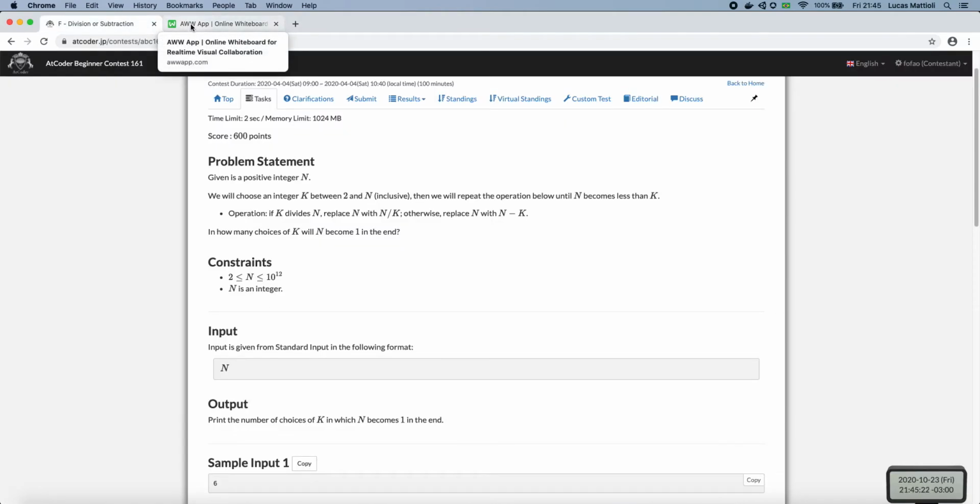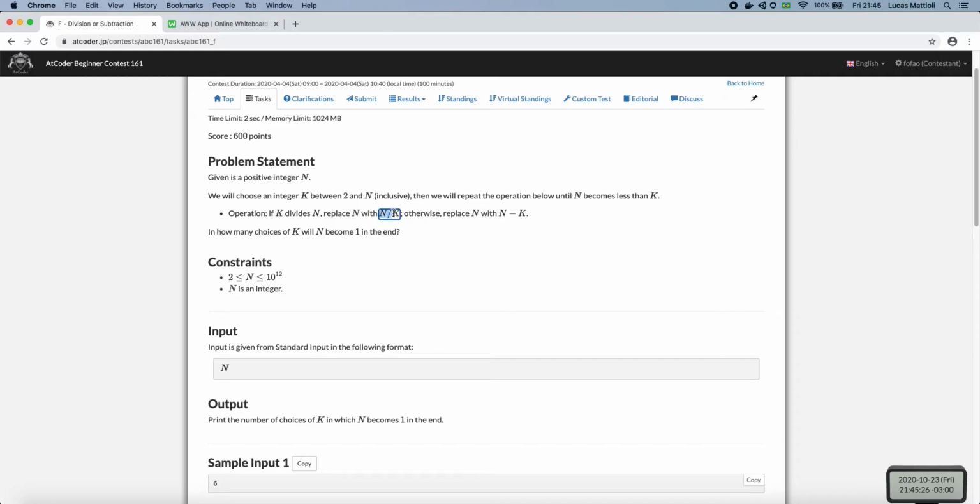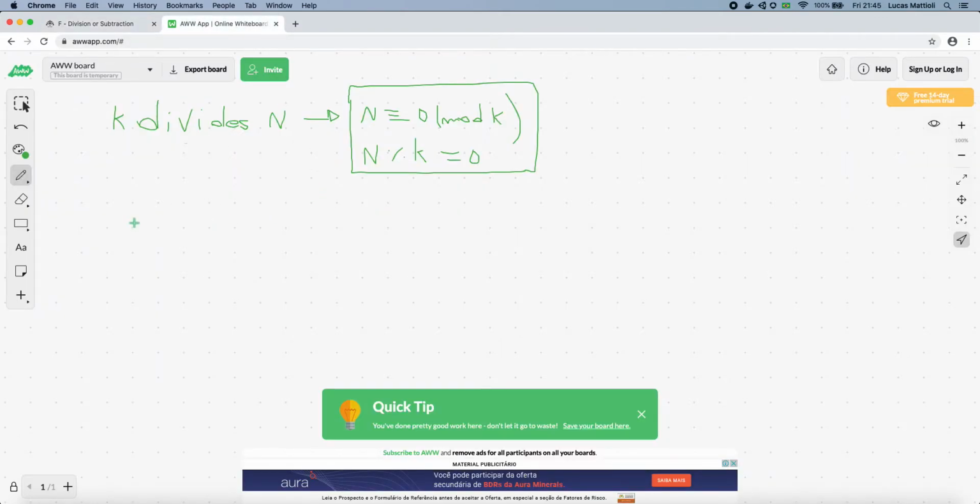So given that, we can try to analyze both operations, the division one and the subtraction one. So let's take the subtraction one and analyze it. Let's start differently.